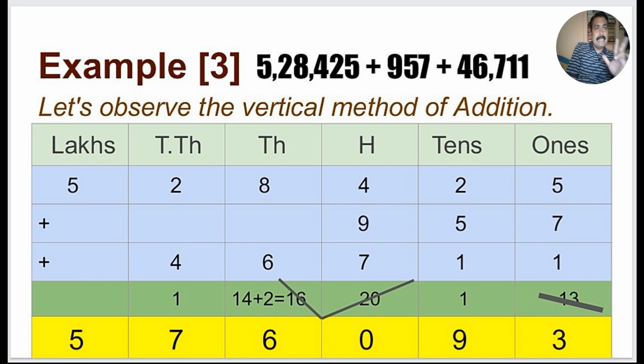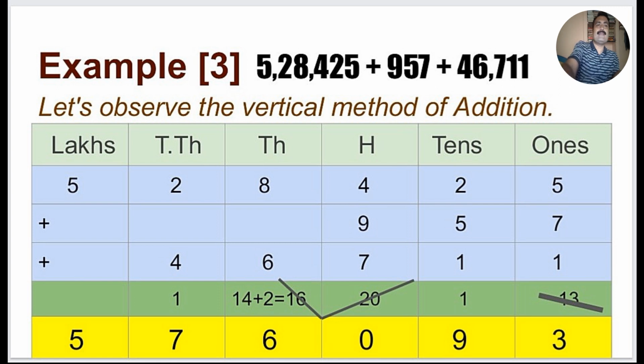Thereafter the next digit 6 we arrange in the 1000 column, that is below 8, and 4, the next digit, we arrange in the 10,000 place below 2. So this is the proper vertical arrangement method. I hope you understand this vertical method, how we can arrange 2 or more than 2 numbers in the vertical method here.